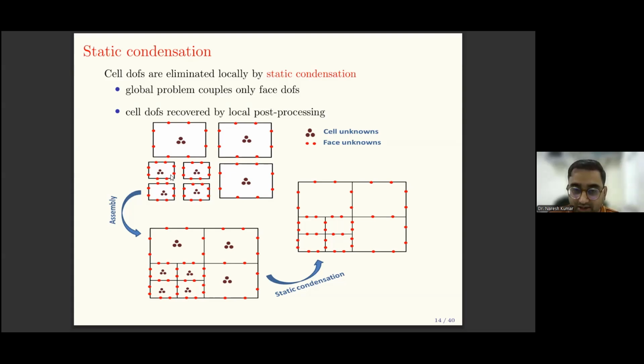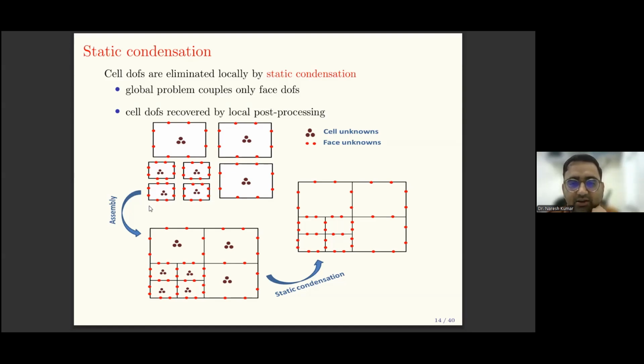First we work on the local space, on each square. So here the three dots on the interior side denote that we are taking P1 polynomial, and the two red dots denote that we are taking P1 polynomial also on the edges.